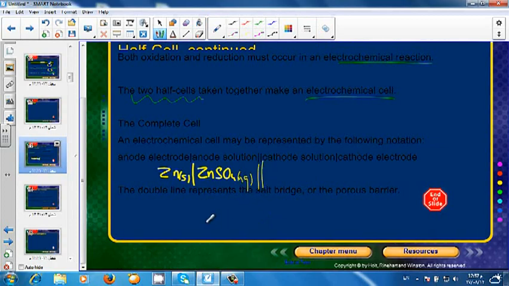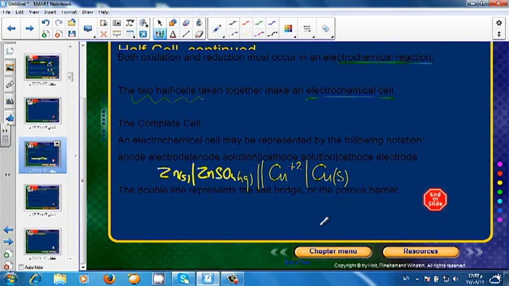Then we put a double line to represent the porous barrier, and then we write the cathode solution, copper ions, which change as a result of reduction into copper solid.